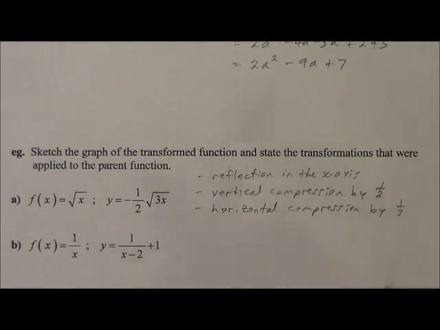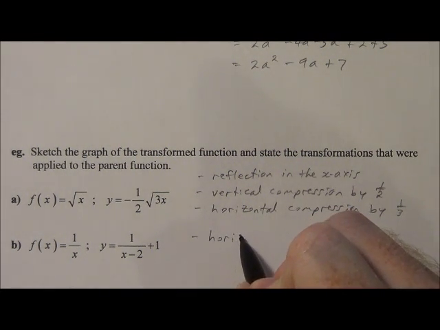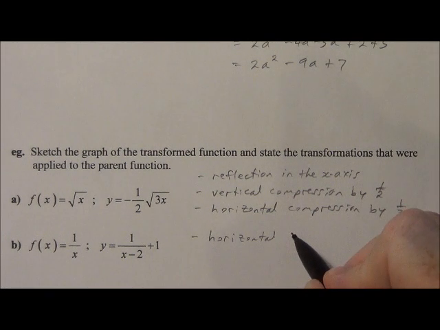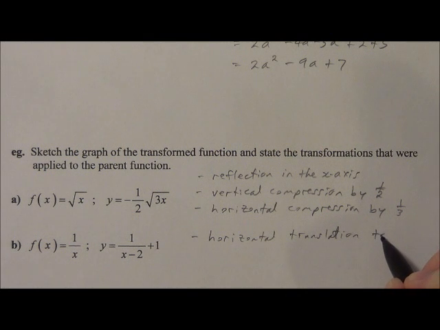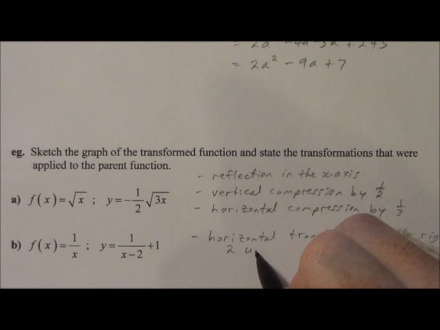Again, just go left to right. If we start here, there's no negative and no other coefficient out front. We go right into the function. Because this negative 2 is inside with the function itself, that's a horizontal translation. Sometimes people say horizontal shift or horizontal translation, and that's to the right 2 units.